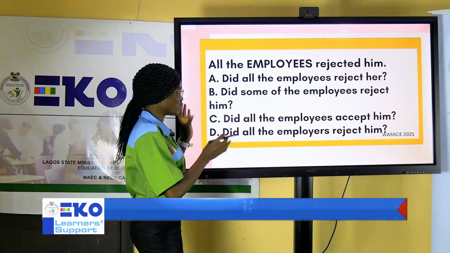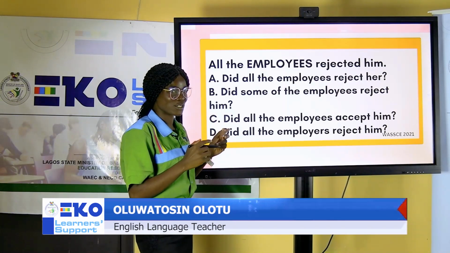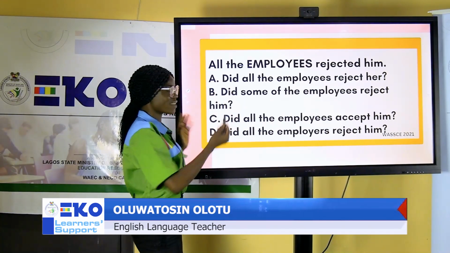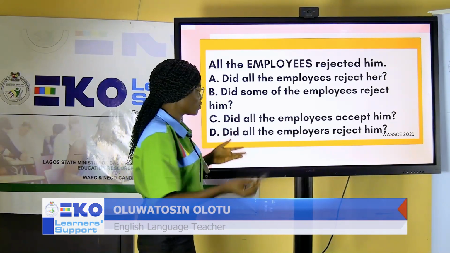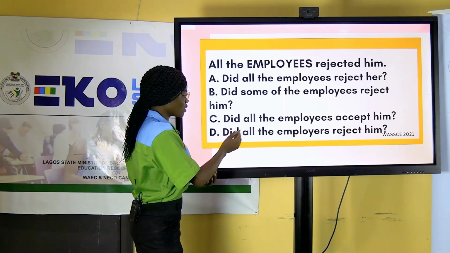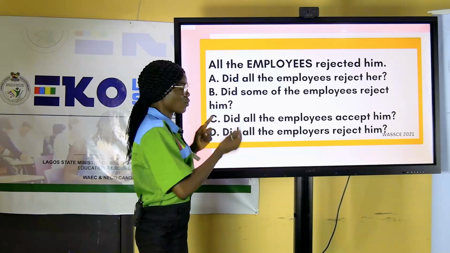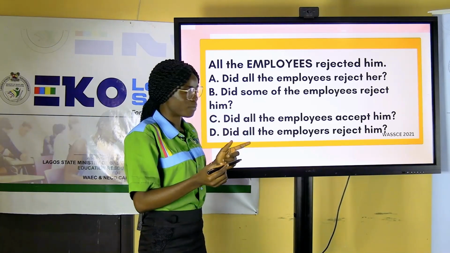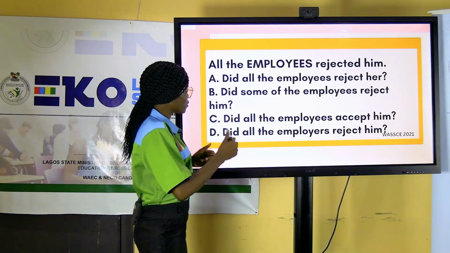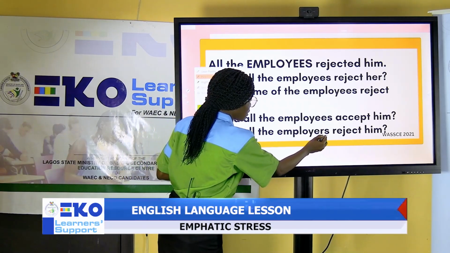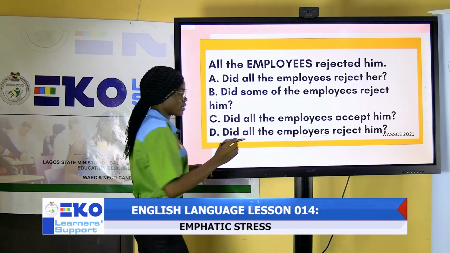Please, this is a little bit tricky, so pay close attention to what you're reading. The rest, from A to C, you discover that it is employees. But the last one says, did all the employers? So what contradicts where we have the emphatic stress now? Good one. So the employers.